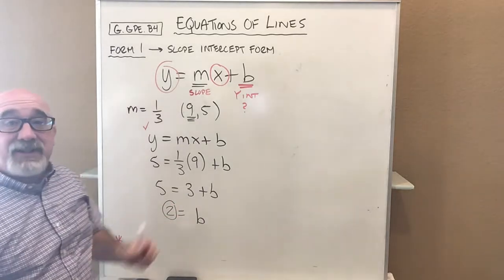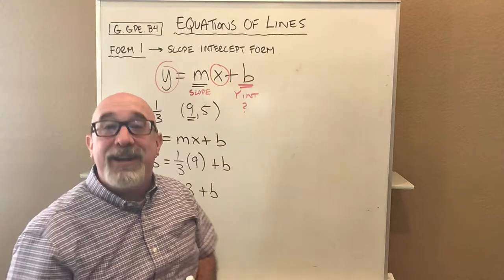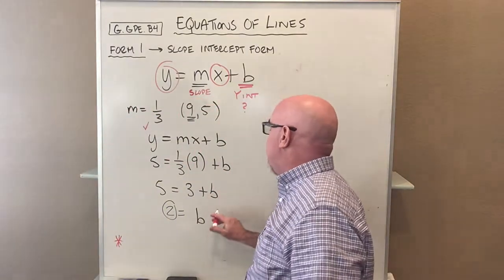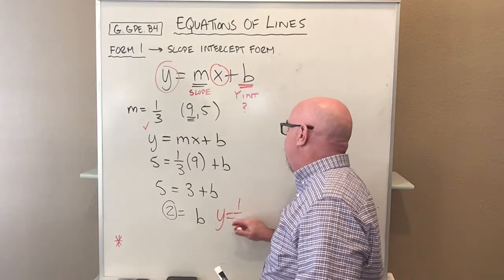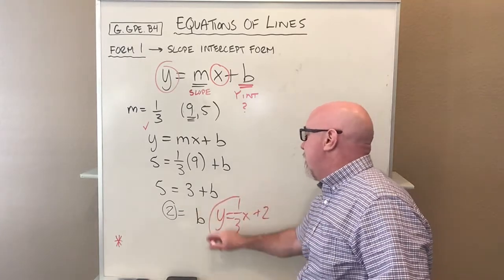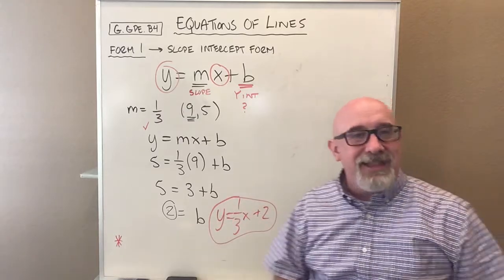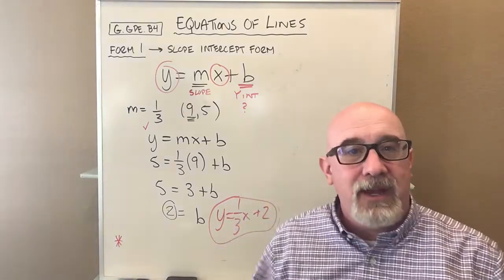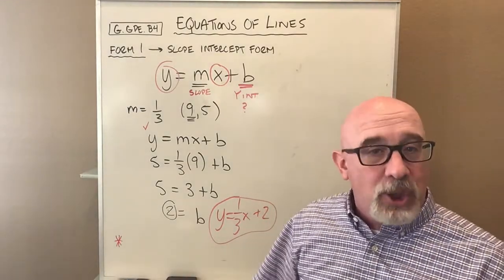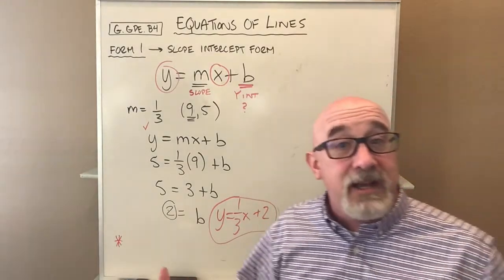At this stage, both items I needed to know exist. I know the slope, so my equation would be y equals 1/3 x plus 2. This would be the equation of a line that would go through the intercept of 2 and have a slope of 1/3. Nicely done, isn't it?